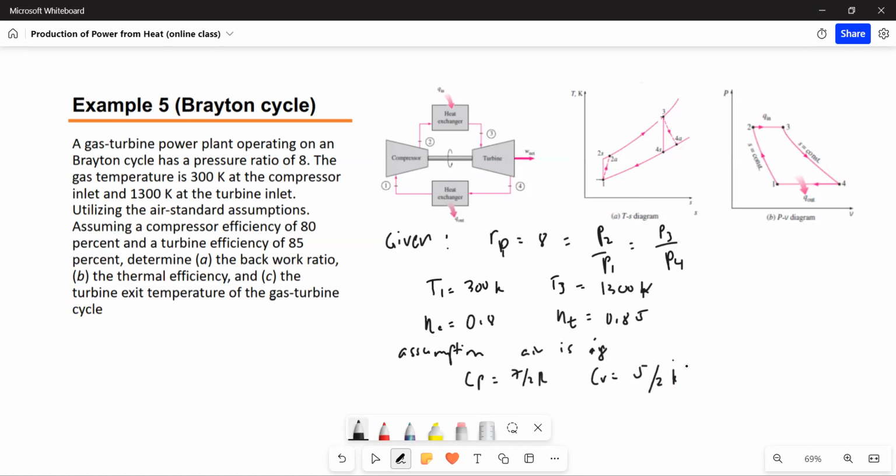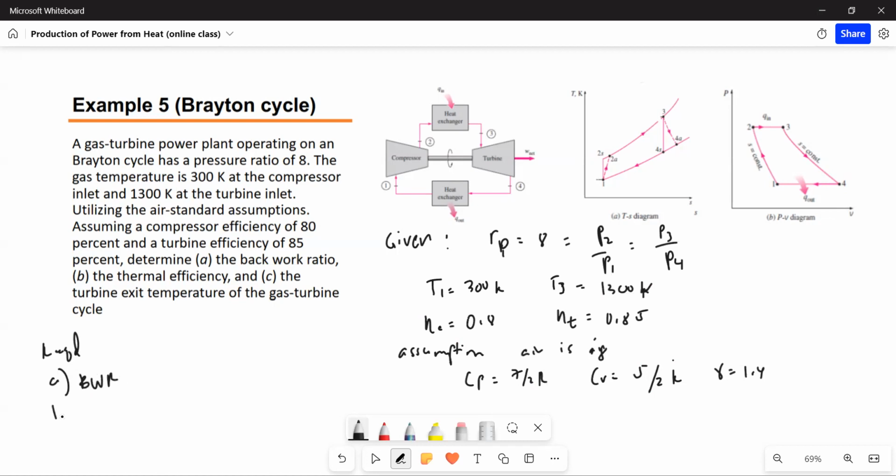5 halves R, and gamma is 1.4 for air. Then what is required from us? Letter A, the back work ratio.